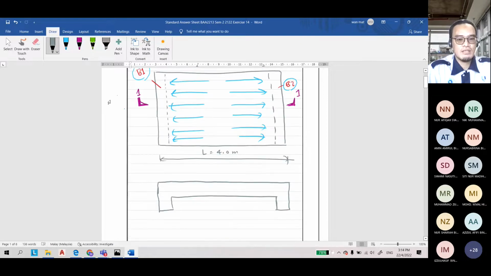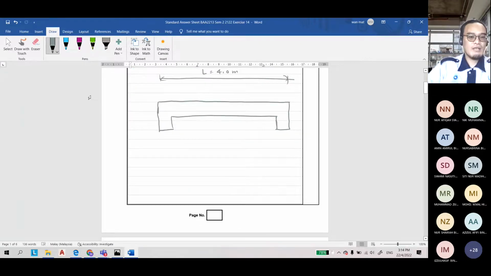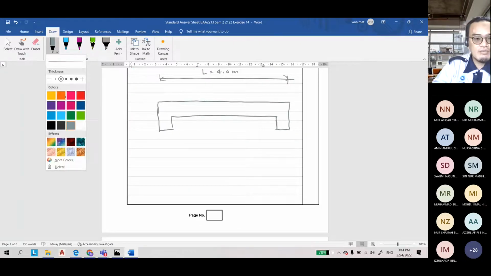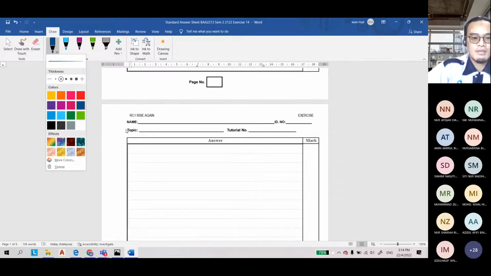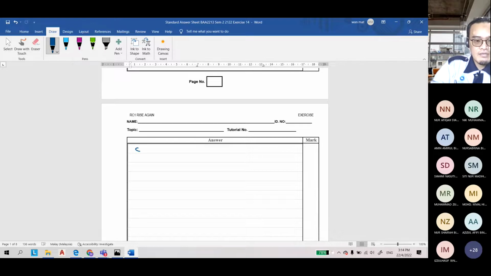I don't want to waste time by writing the data. So the solution: first, we determine the action and analysis.